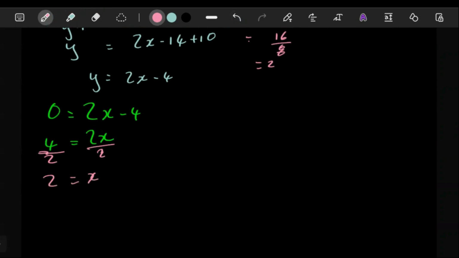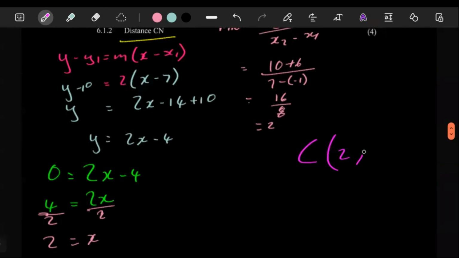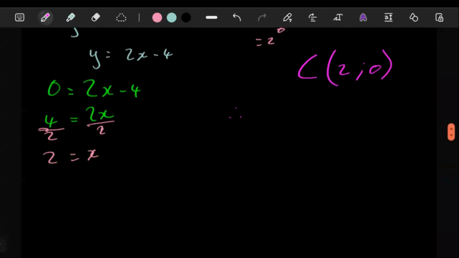There we go. So C is the coordinate 2 and 0. Therefore, for CN, just use the distance formula.